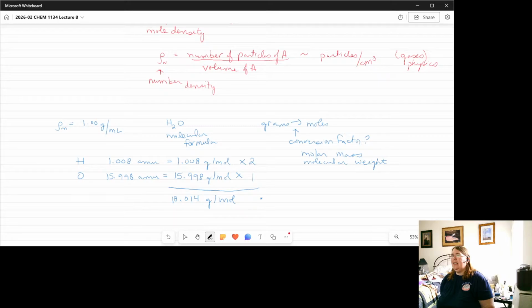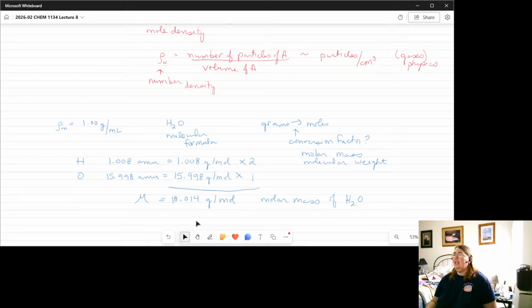And this is the molar mass of water, or the molecular weight of water. And we tend to symbolize this by a very fancy cursive M.